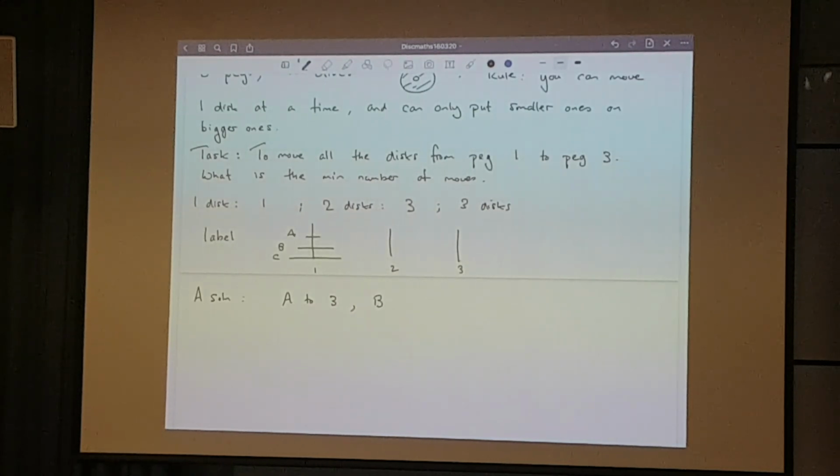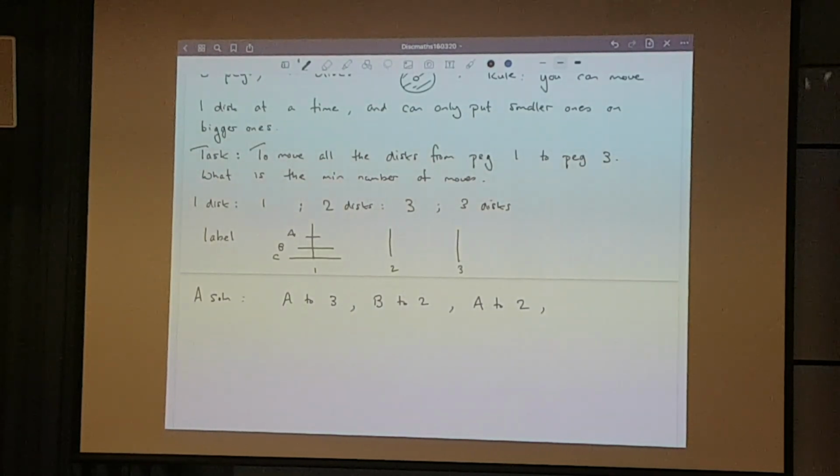Then we move A again, from 3 to 2. And now we've got the discs in the right order on peg 2.